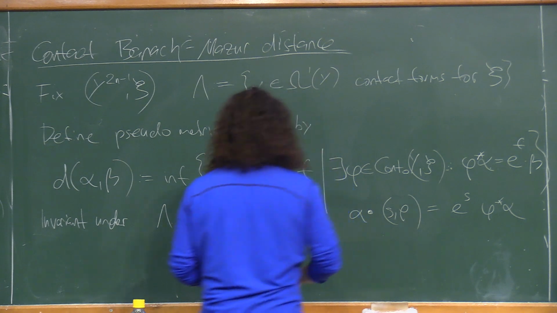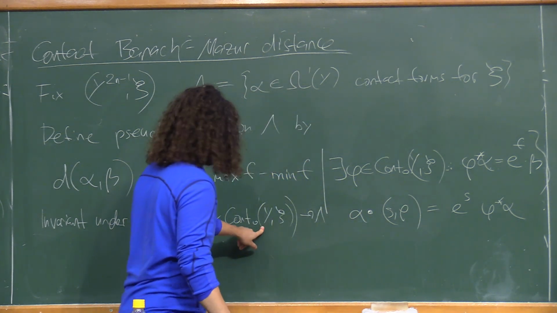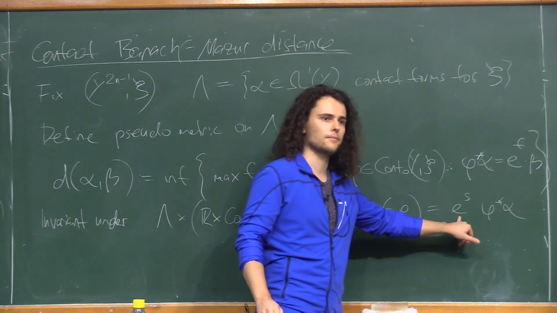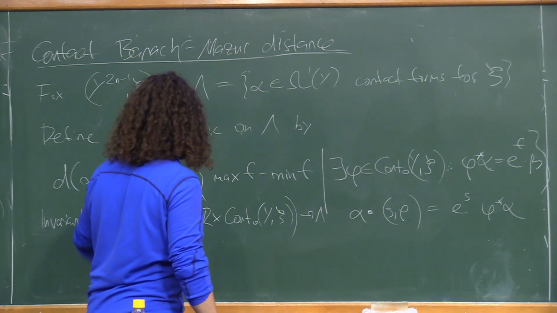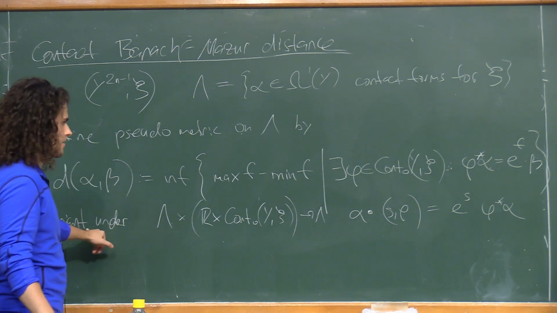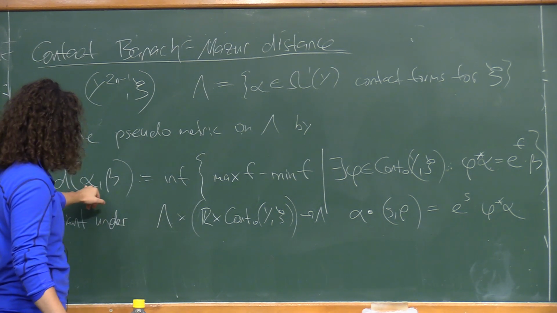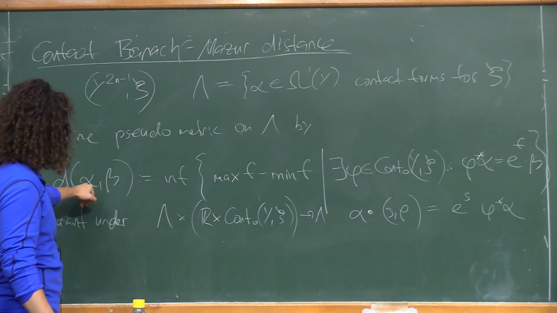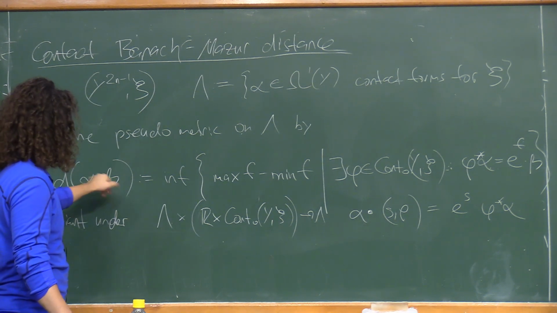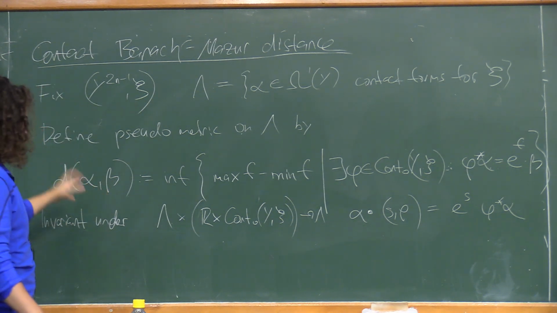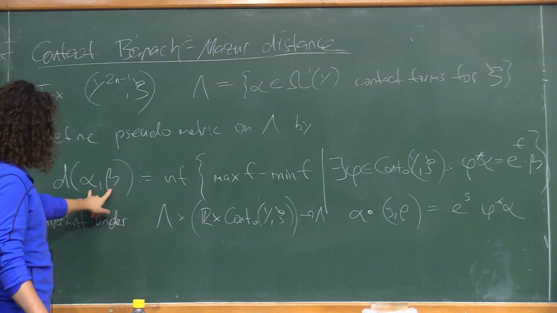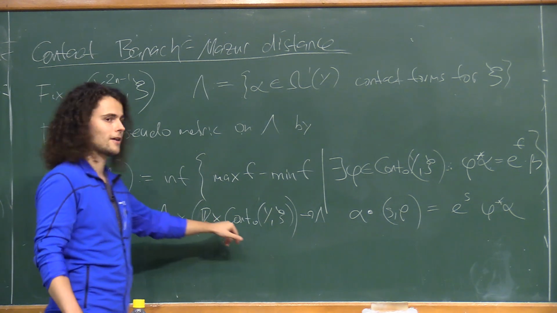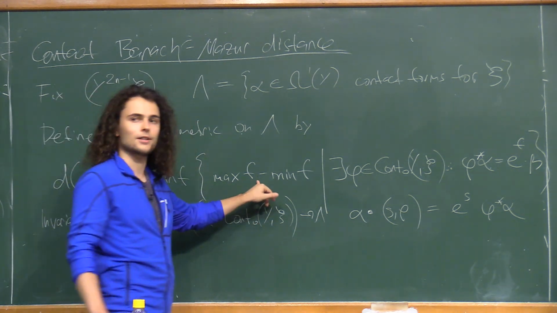So we can pull back contact forms and we can scale them. The pseudo distance is invariant under this group action: if we replace alpha by anything in the orbit of alpha, we get the same distance. So really what this is doing is it looks at the orbits of alpha and beta under this group action, and takes some sort of C0 distance of that.